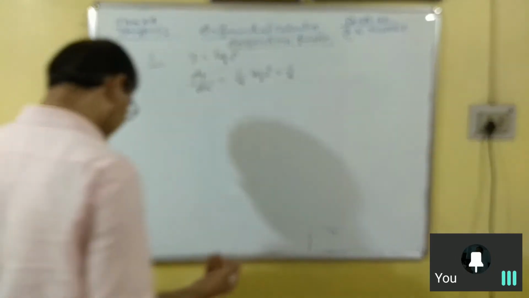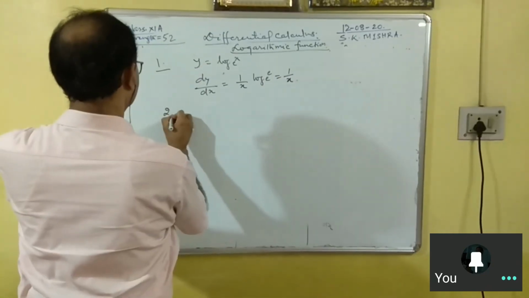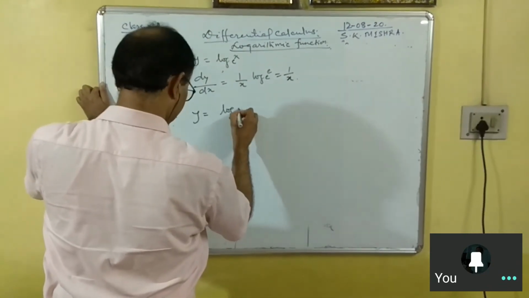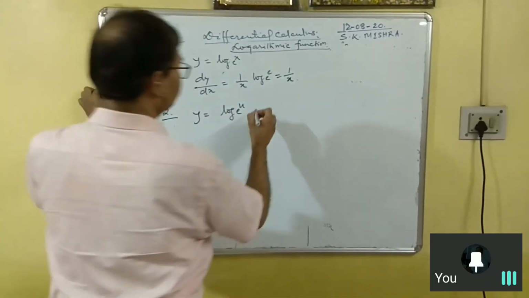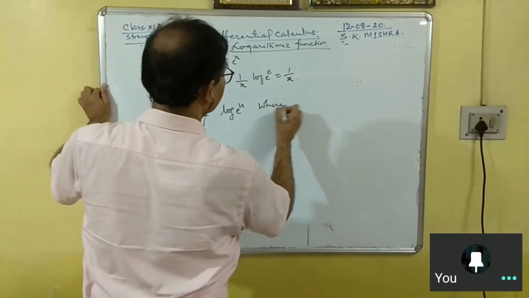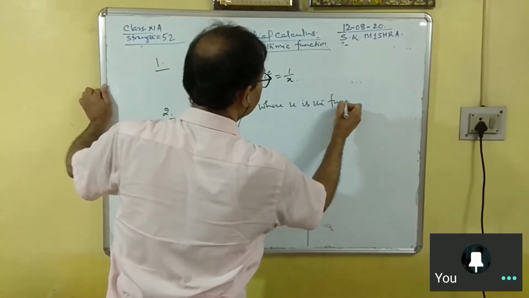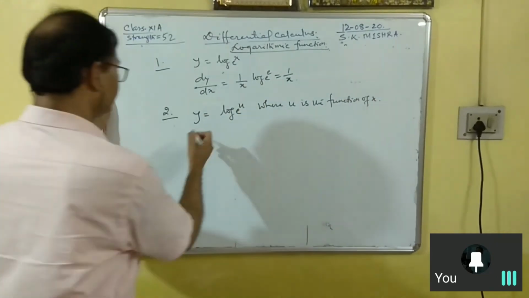Just remember this way. If you have a function y is equal to log u base e, where u is a function of x, then how will you differentiate it?